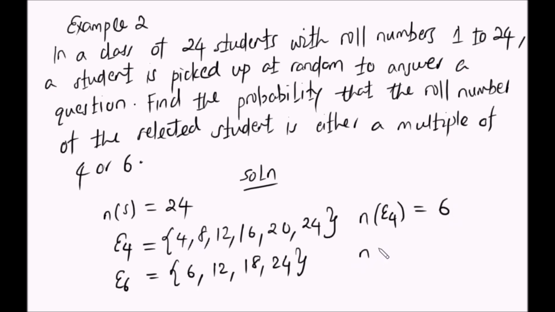Alafu the number of elements kwenye hii event ya pili hii ni 1, 2, 3, 4. Ni 4. So anasema a student is picked up at random. Find the probability that the roll number is either multiple of 4 or a multiple of 6. So here we're going to use this formula.